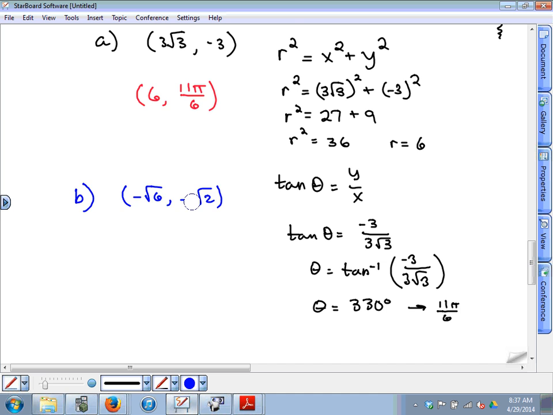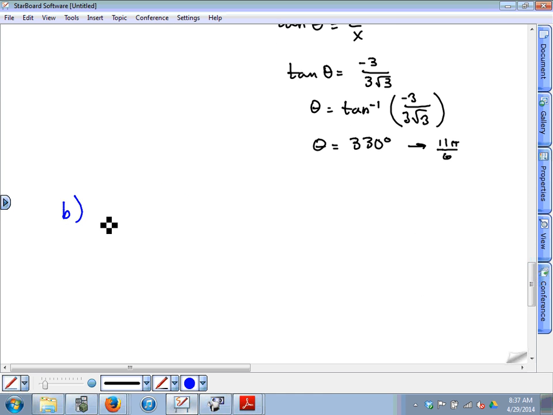Let me back this up, the way down here. Part B. There we go. What quadrant are we in, by the way? Third quadrant. All right, so r squared is negative square root of 6 squared plus negative square root of 2 squared.